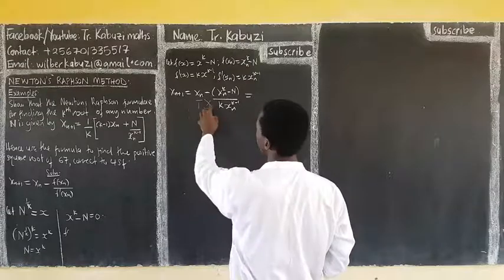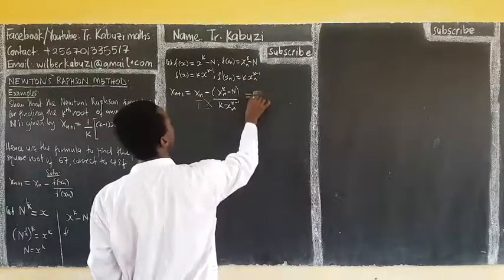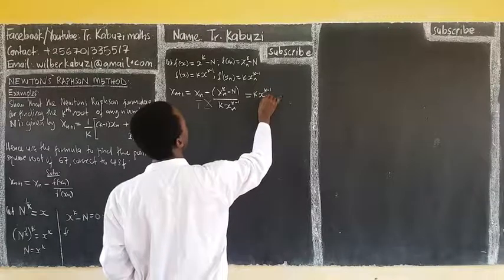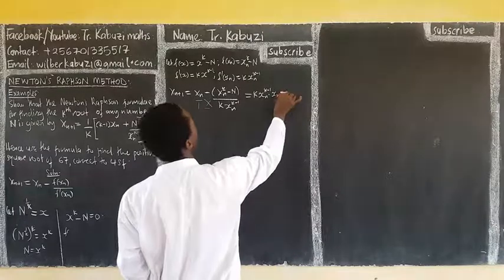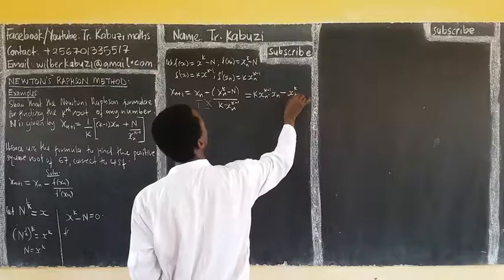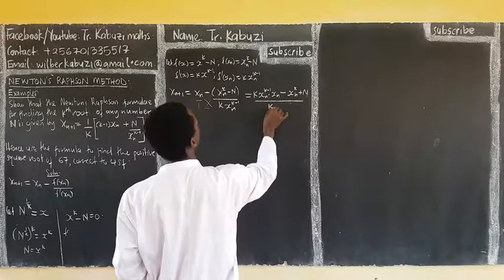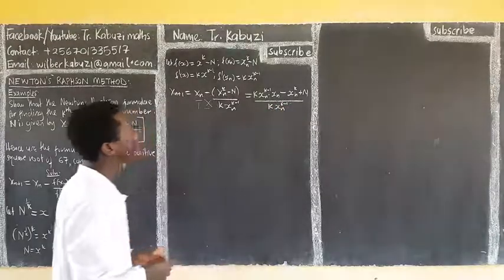So these are the same bases, we shall add the powers. So we shall get k times xn power k minus 1 times xn, then minus, when we open the brackets here, we get xn power k, then plus n, the whole over k xn power k minus 1.